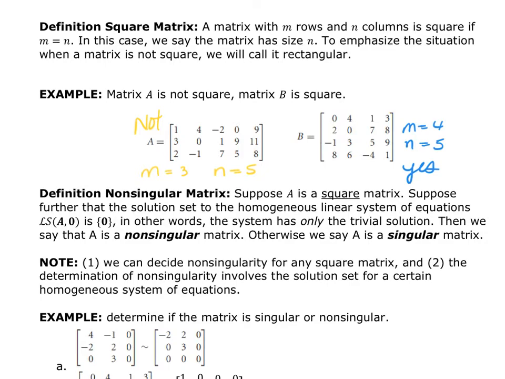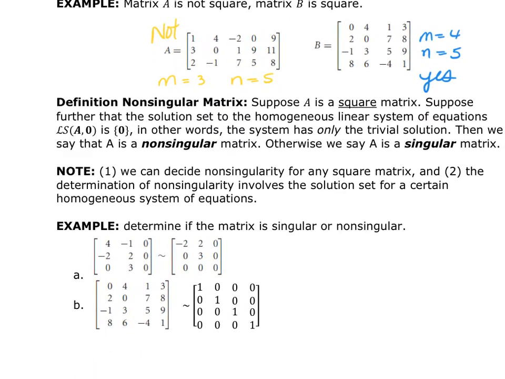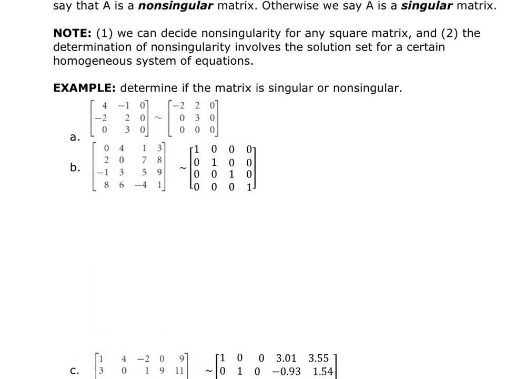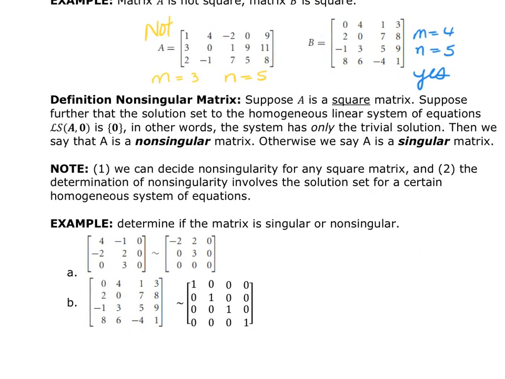So if we look at our 2 or 3 examples here, and we are trying to determine if the matrix is singular or not, based on the definition in this section, then first of all, we can't even talk about singular or non-singular unless it's square. So we take a look at our first example and we ask ourselves, is this square? And if the answer is yes, we continue to ask questions.